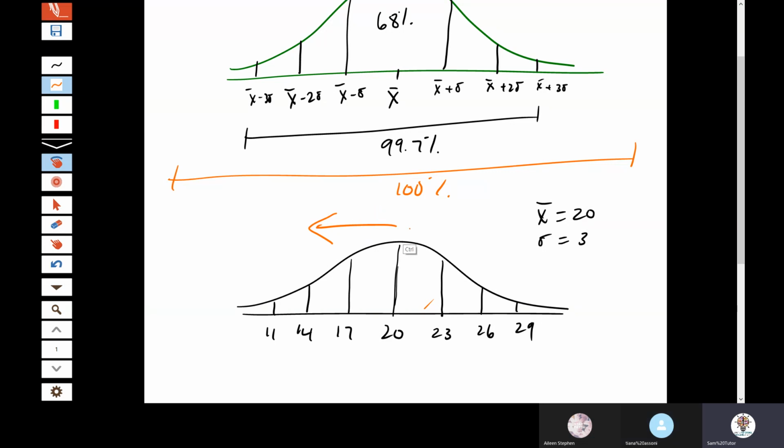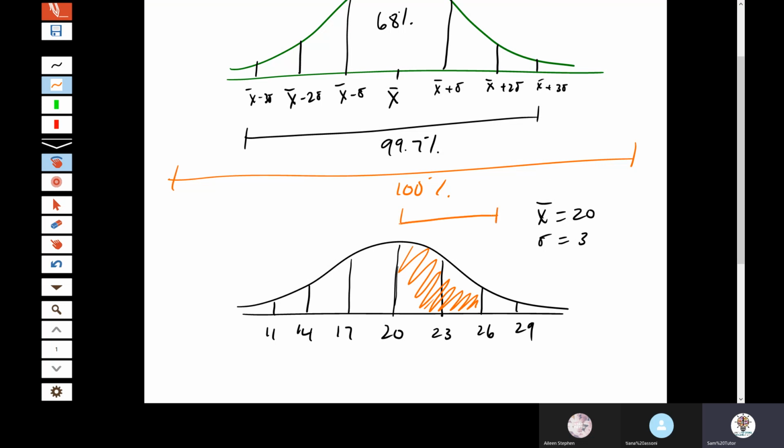What if I asked you how many people got in here? Well, there are a few ways of doing this. You could have done 50%, which is the whole half, and then worked out what this is and subtracted it. You could have also done it like this.